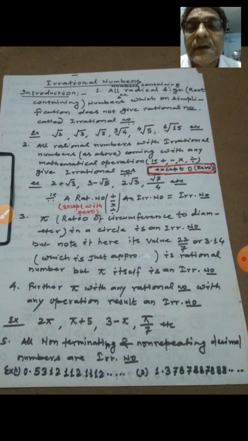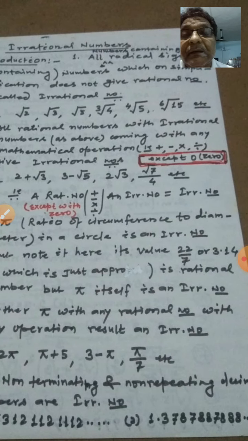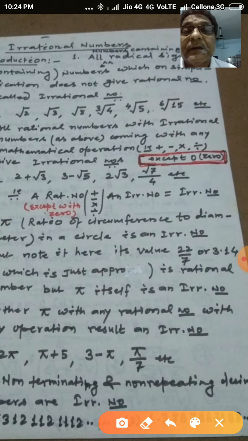So you may say all numbers containing radical signs, which on simplification don't give a rational number, such numbers are called irrational numbers. Examples are root 2, root 3, root 5, cube root 4, fourth root 5, sixth root 15, etc.